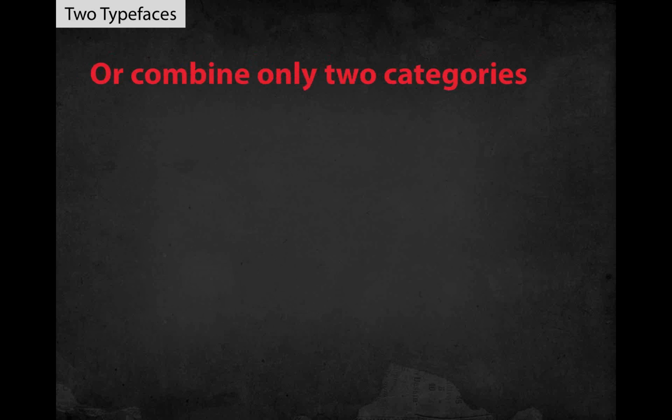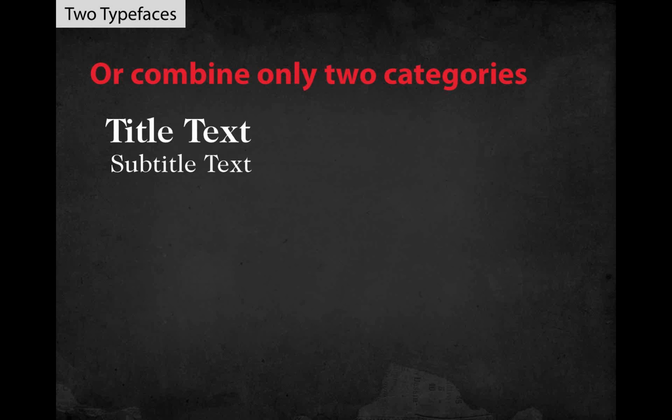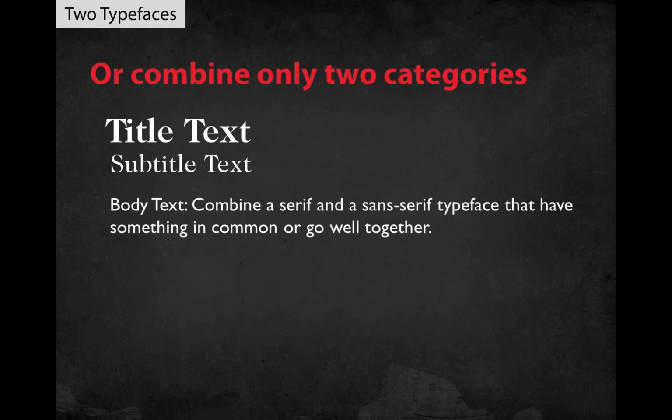Or you combine two categories, but only two. So this will help you not drive your audience crazy. And if you use two typefaces, try to find two from different categories, for example, serif and sans serif. And then try to find ones that have something in common or go well together.